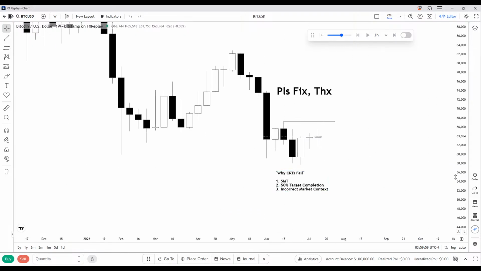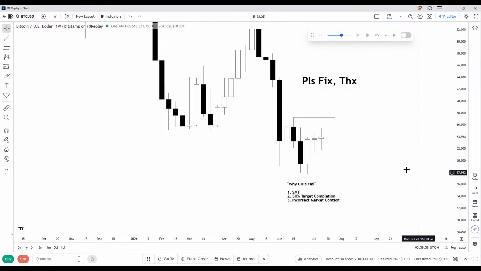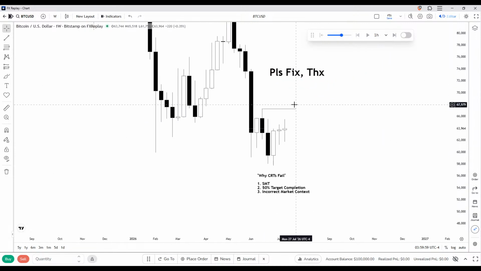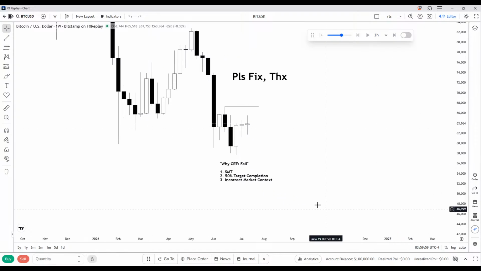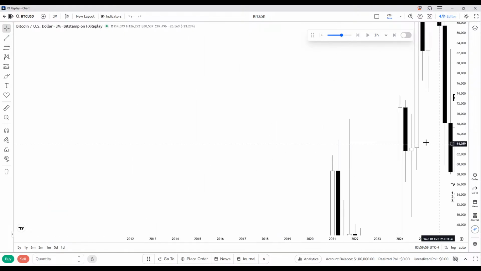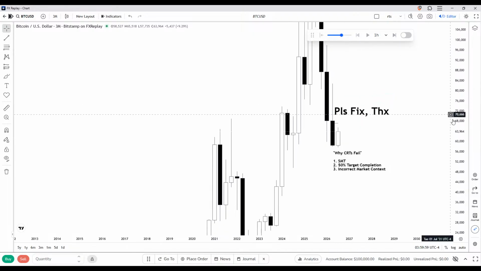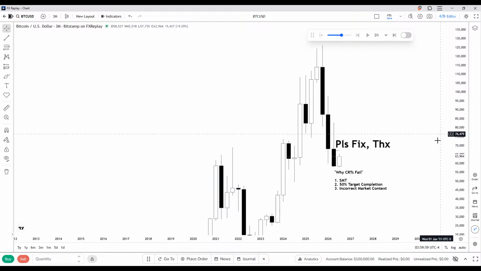In other words, if Q3 is set to be a trending quarter, which I think it might be, and we might see further continuation lower in crypto, then you're going to be looking out for manipulation into the internal buy side liquidity. So you'd be looking to be bullish early on in the development of the quarter.